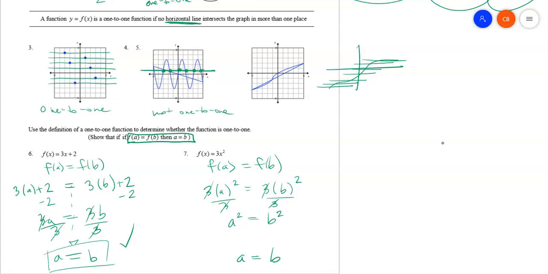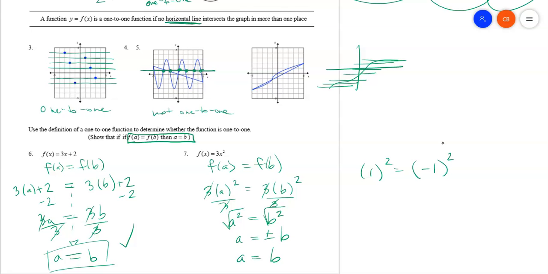So we're trying to make some type of statement about a and b, and what we should do, we don't want the squared, we want to get rid of squared, so we should take the square root on both sides. But here this is a problem, because when you have something squared and you take the square root, you need to introduce the plus or minus signs, because of course 1 squared is equal to negative 1 squared.